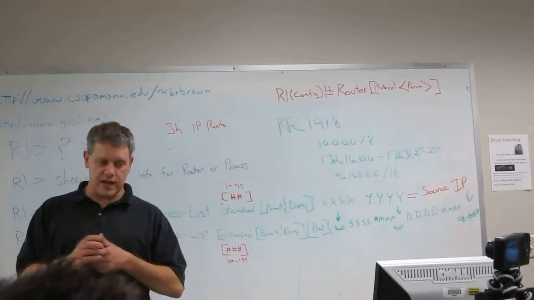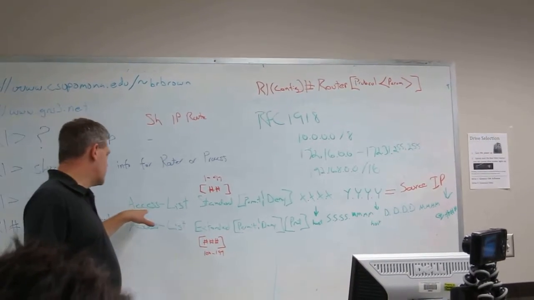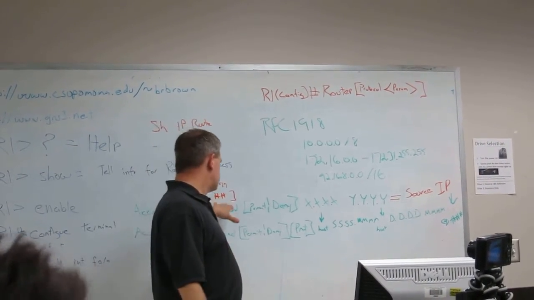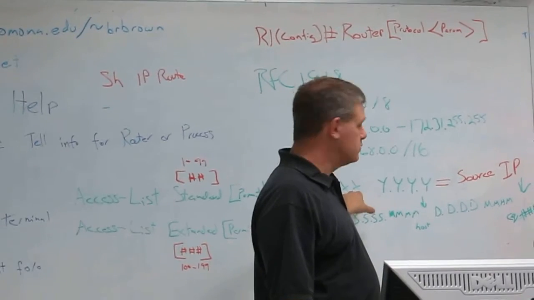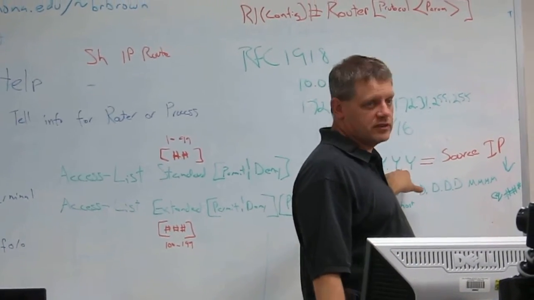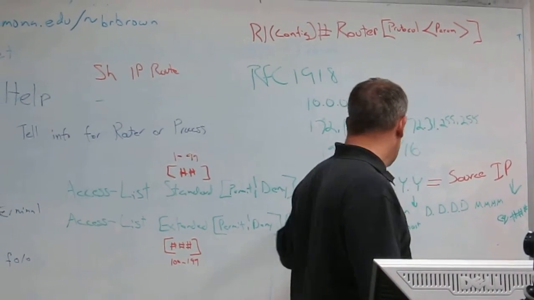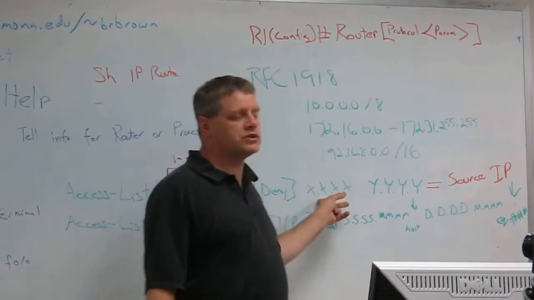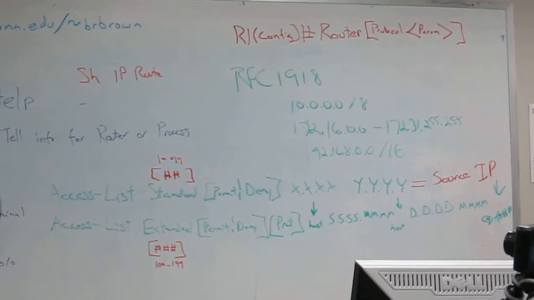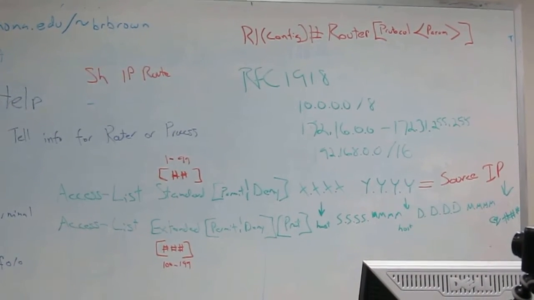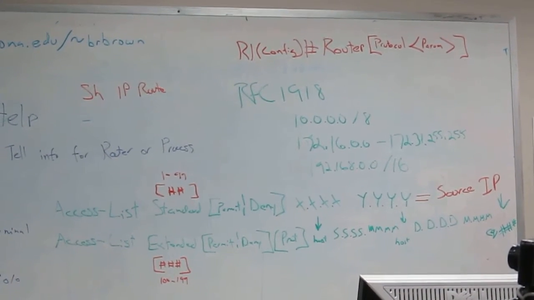Now, a standard access list is written: access-list, number, permit or deny, network number, wildcard mask, where the network number equals the source IP, and the source IP only. Standard access lists only filter on source IP.